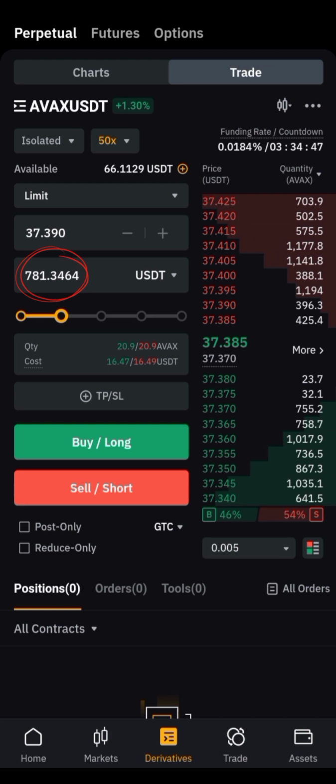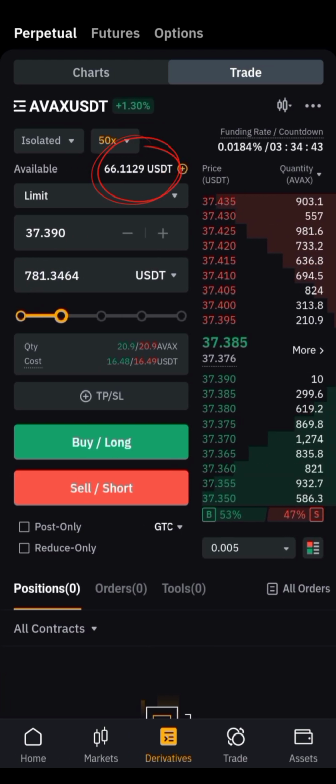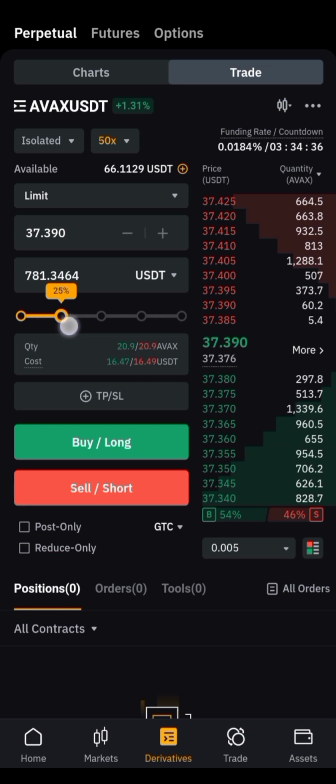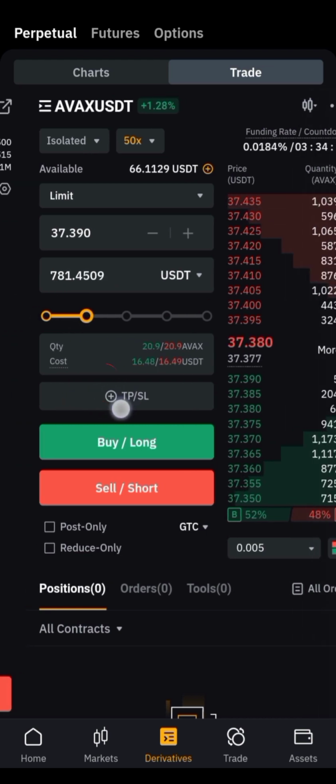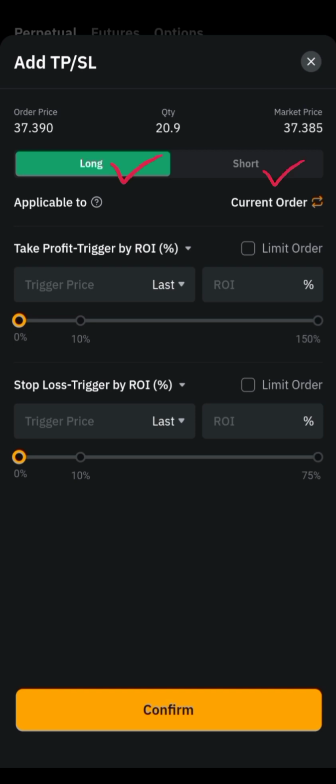Now you can increase the threshold, that's the amount you want to use. If you notice, the USDT is larger than my balance, but that's just because of the leverage, as I explained earlier. So if you increase your amount, if it's $10, it's going to multiply by 5.